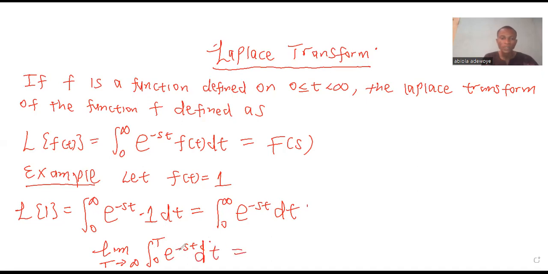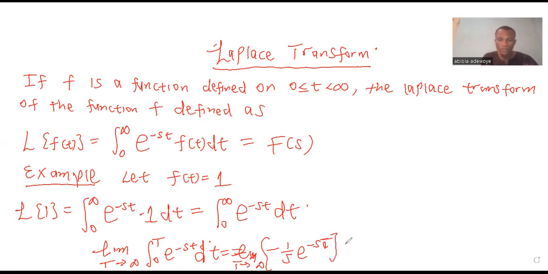When you integrate exponential raised to minus st, we have minus 1 over s exponential minus st, and don't forget we have our limit as t tends to infinity.